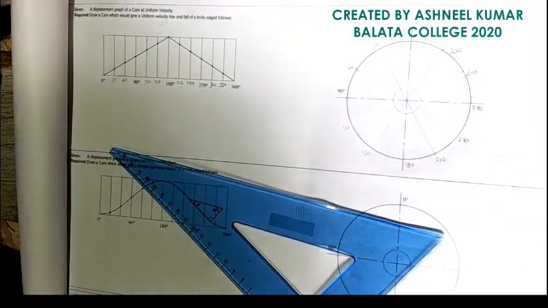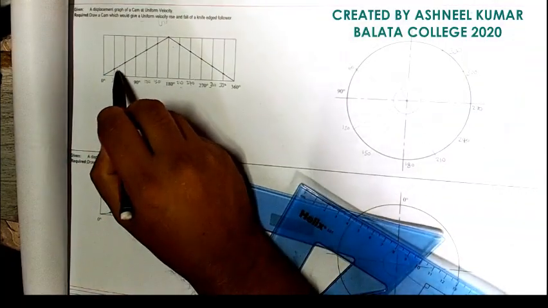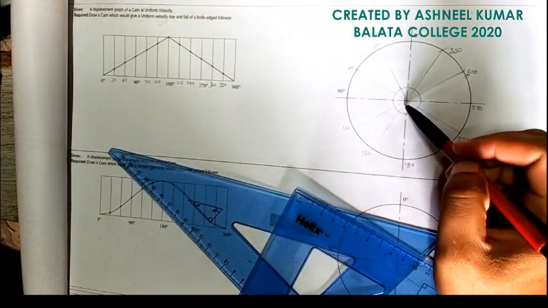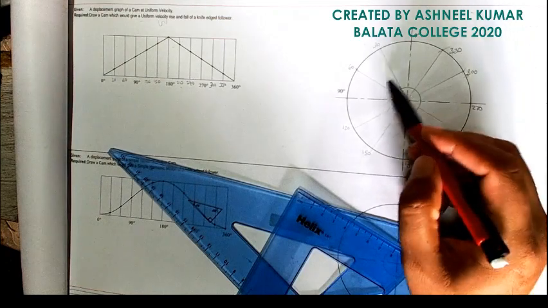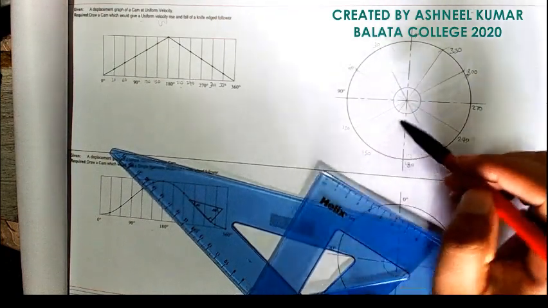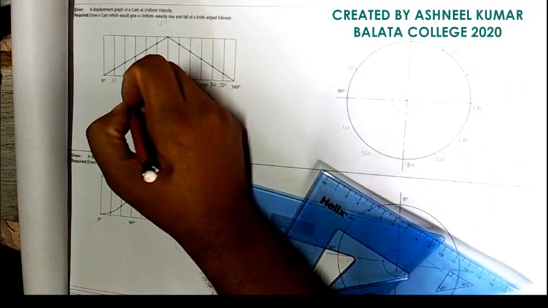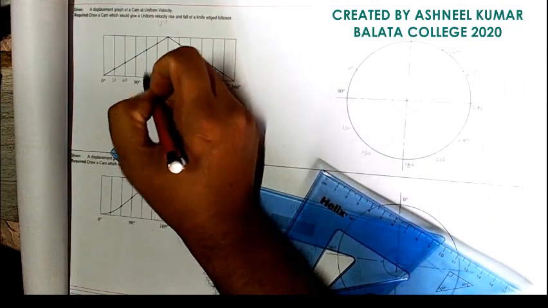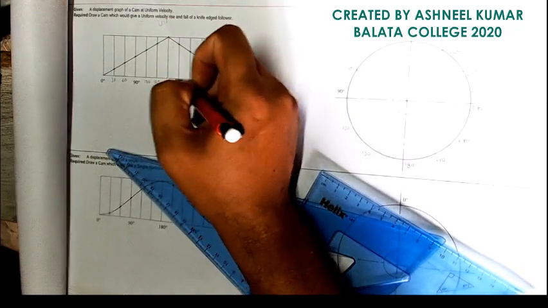Now my next step is to transfer all the points from the performance graph onto this line. Then from there I'll be drawing the circles to the respective angles that is shown there, right? For example, 30 is this one, 60 there, 90 there, 120, 150 likewise.